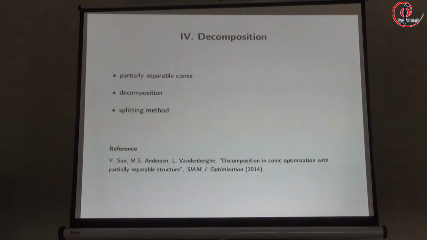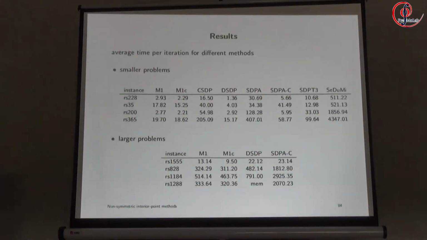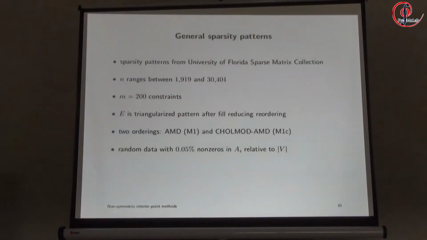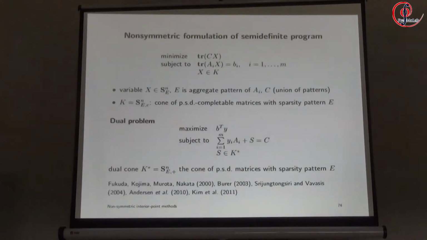So that's the third part of the lecture. The key was to use this non-symmetric formulation of an SDP. So instead, we're looking at a conic LP that involves these two sparse matrix cones for Chordal sparse problems.